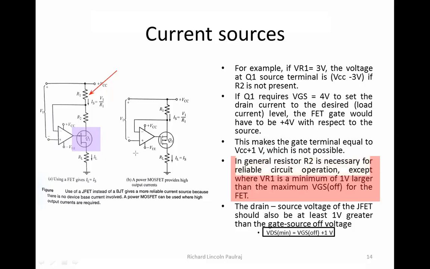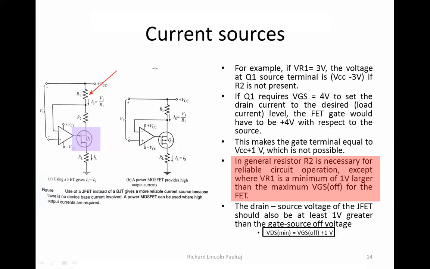Yeah, okay, thank you. So here, we are using a MOSFET. This gives higher output currents. But then here we are going to have IL, the load current, equal to the source current, which is V1 by R1.